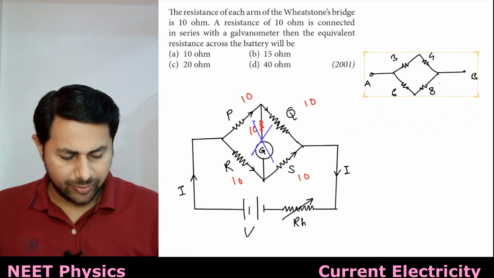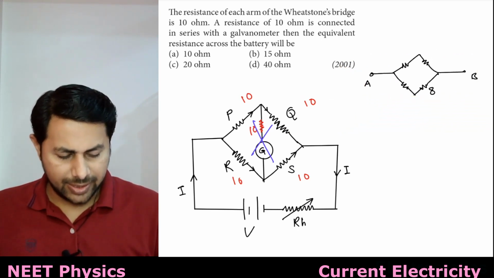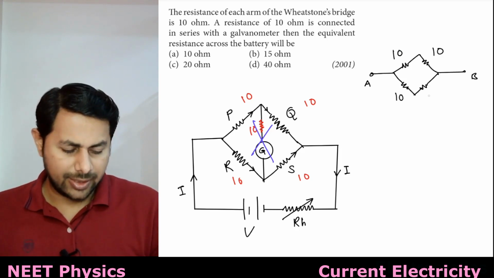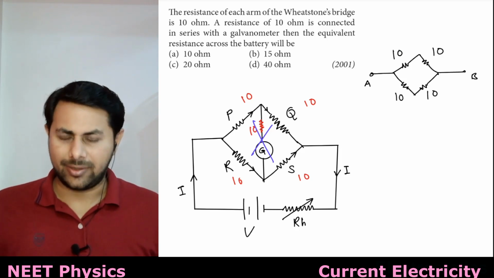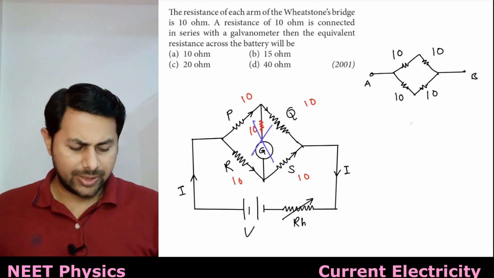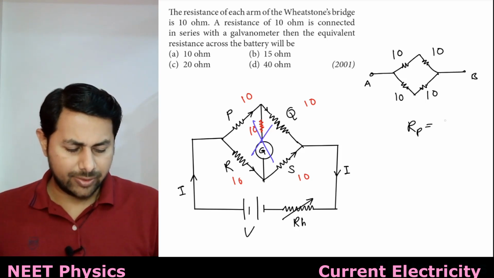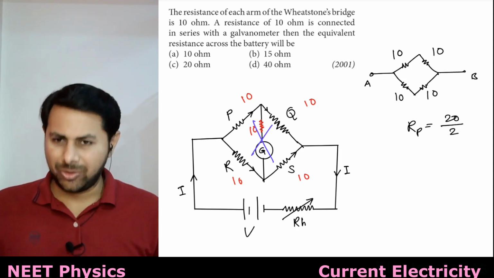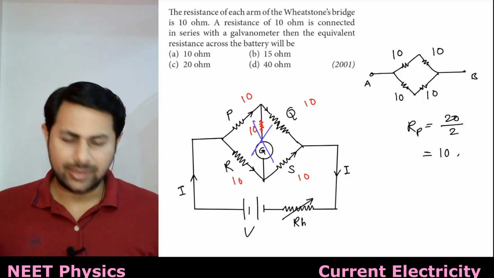And now tell me what would be the resistance. This is 10, 10, 10, 10. 10, 10 means 20, 20 and 20 in parallel. Two identical resistors in parallel. So what's the resistance? Rp would be just equal to R by 2, that's 10.